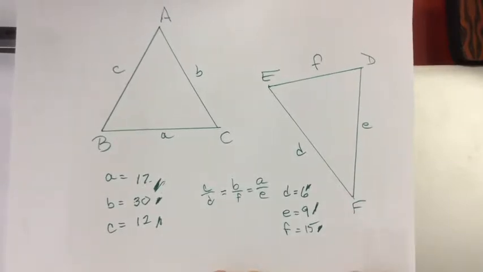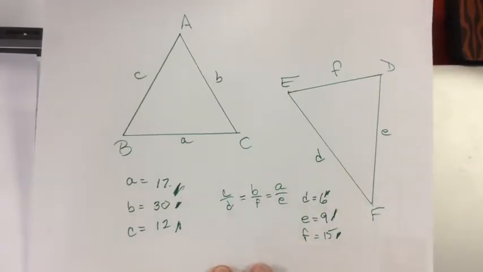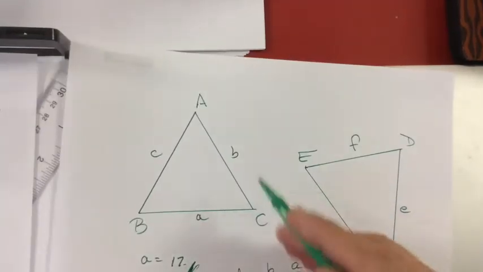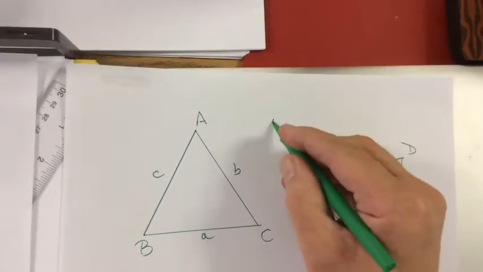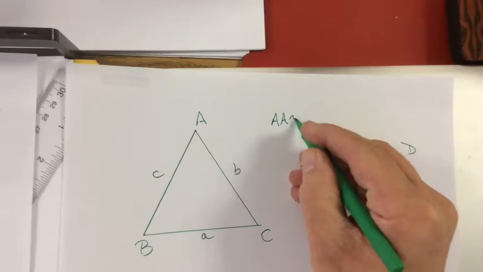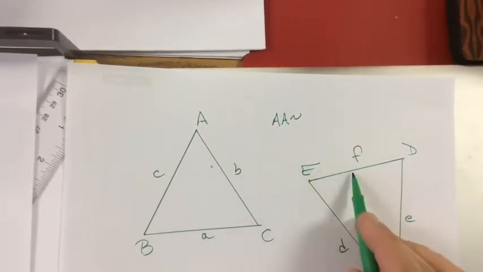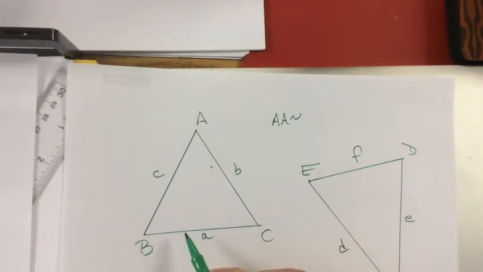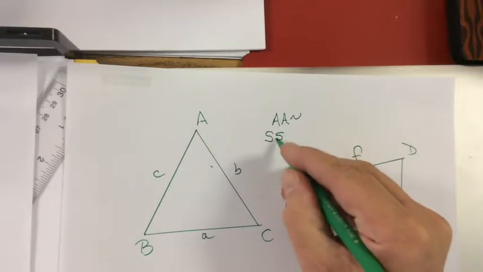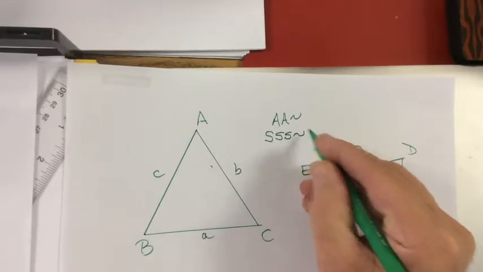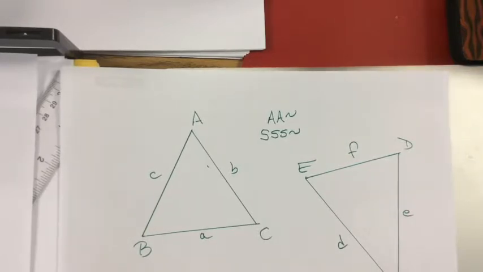Now, just like when we were doing congruent triangles, you don't have to prove all of this to decide whether or not the two triangles are similar. There are 3 shortcuts. If you can show that two pairs of angles in the two triangles are congruent, that will work. If you can show that all 3 pairs of sides share the same ratio, that will be enough.